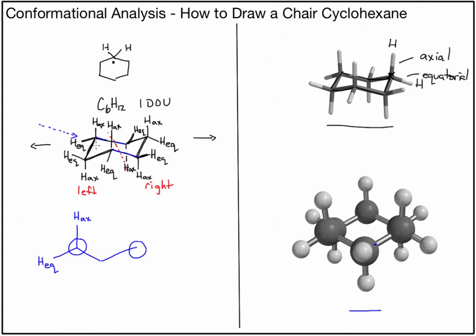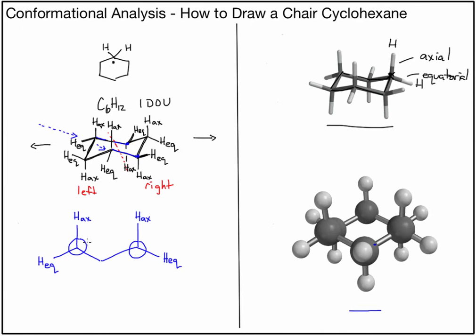And when we're looking down this bond now, we can see that the axial hydrogen is up. And then that equatorial hydrogen is off to the right. So now we're going to put in the substituents of the rear carbon.